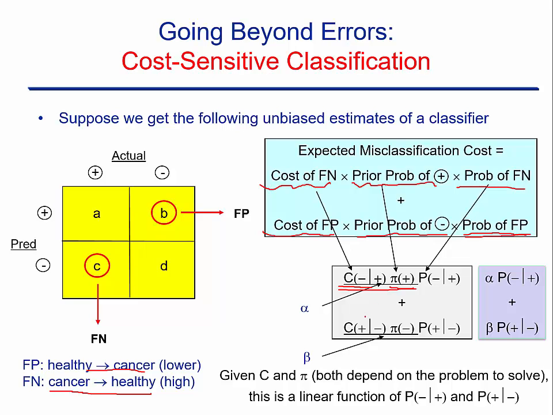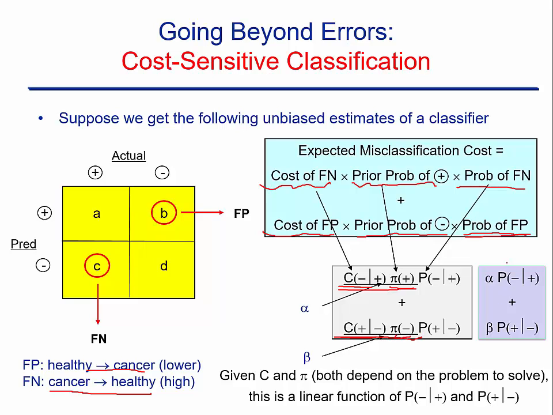And similarly, the cost of misclassifying a negative sample to positive times the prior probability of seeing negative samples, we rephrase these first two items as beta. Now alpha and beta are dependent on the problem.